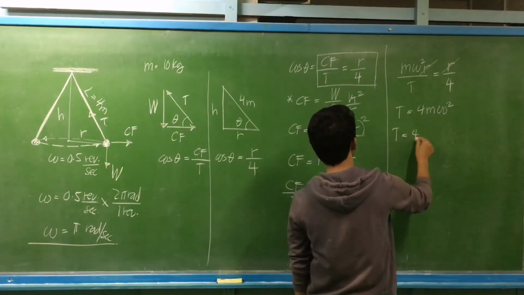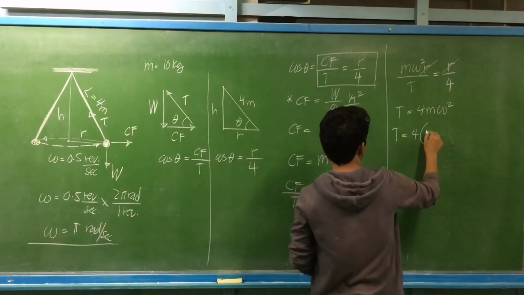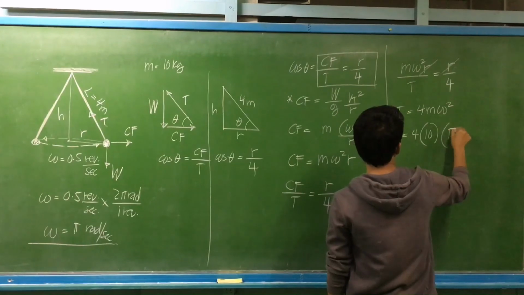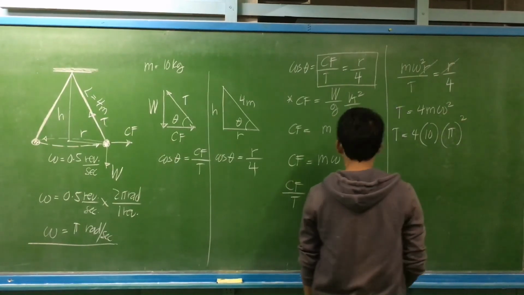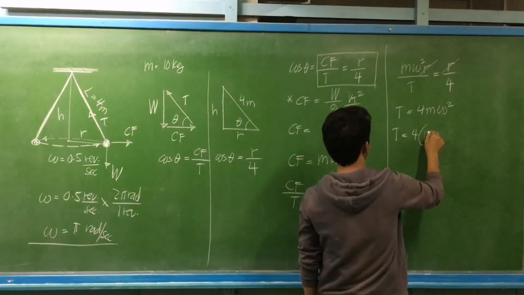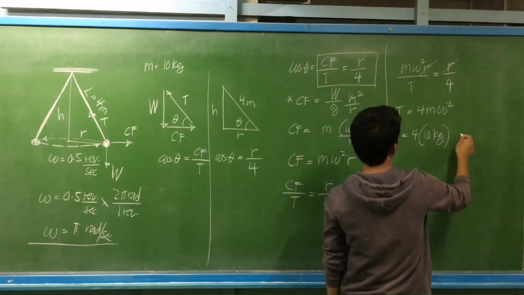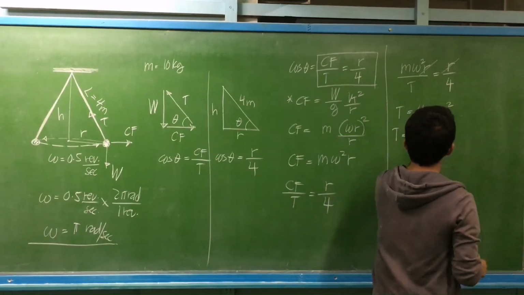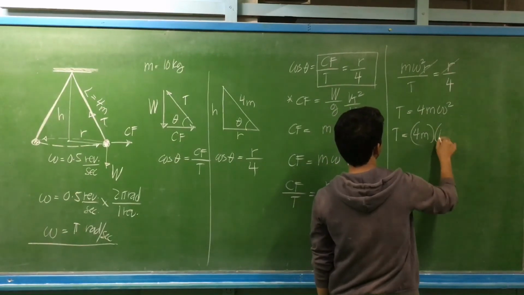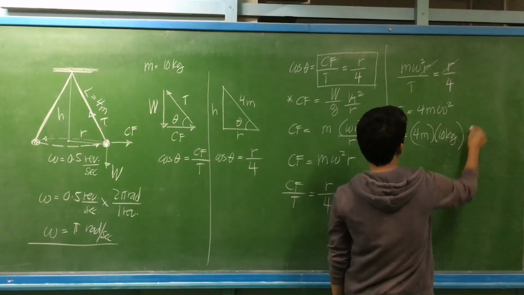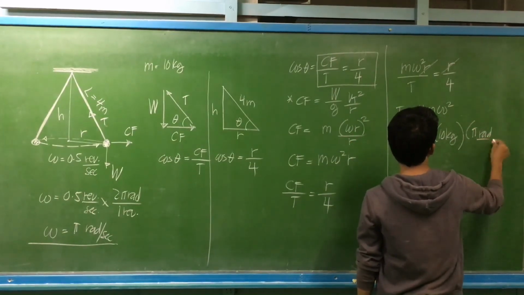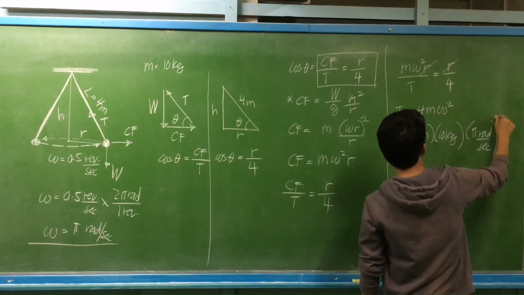Our tension is 4, what is the mass? 10 kilograms. What is the angular velocity? We have pi, and this is squared. If we do unit analysis, this is 4 meters times the mass of 10 kilograms, then the angular velocity is pi radian per second, and this quantity is squared.